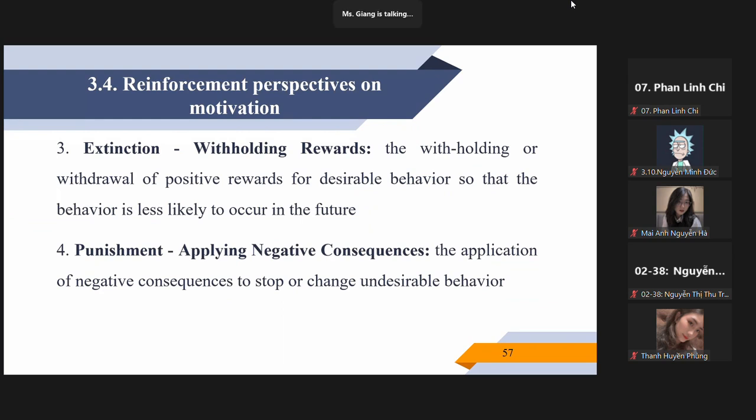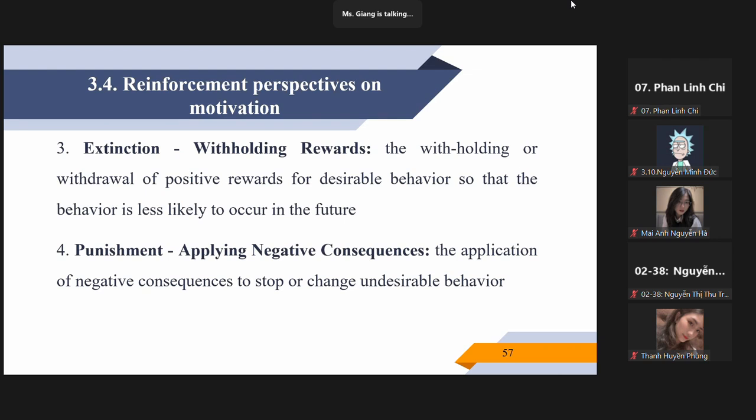Number 3, extinction, withholding reward. In this case, we will withdraw the positive reward for a behavior so that the behavior is less likely to occur in the future. For example, if you go to class late, I will not give you the rewarding mark anymore.